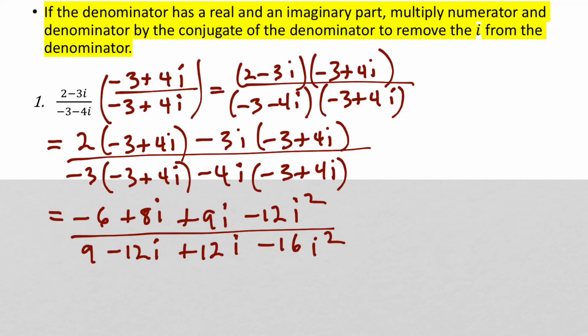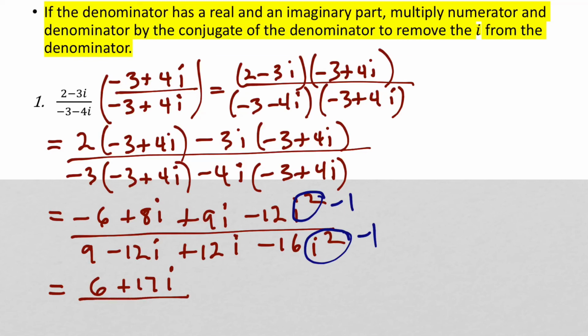Okay, so now I'm going to find my i squareds. There's 1, so that's a negative 1. There's 1, so that's a negative 1. So that means on the top, I combine my reals: negative 6 plus 12, so that's 6. Combine my imaginaries: I have 8 plus 9, that's 17.